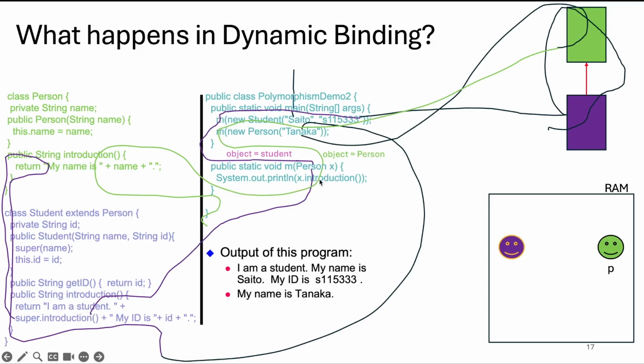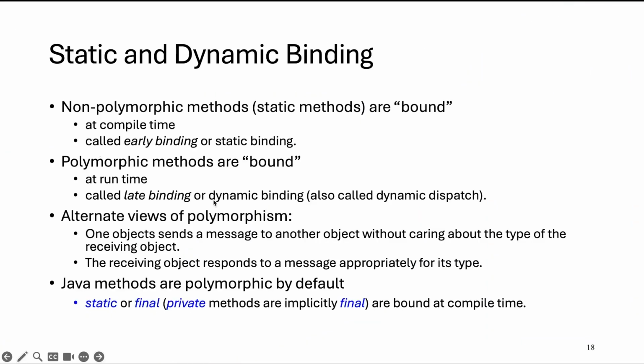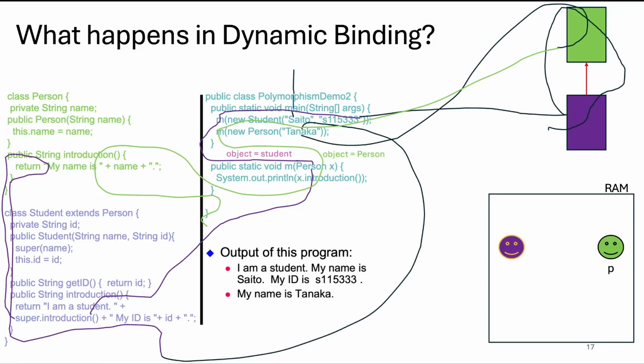So the compiler will go to Person's introduction method, complete the steps and come up. So you can see that depending upon the object that is being entered into the m function, the compiler is deciding whether to call a subclass or a parent class.